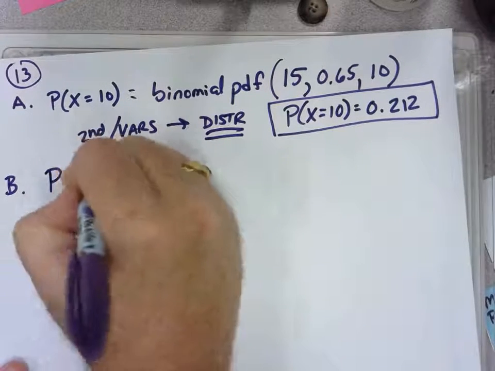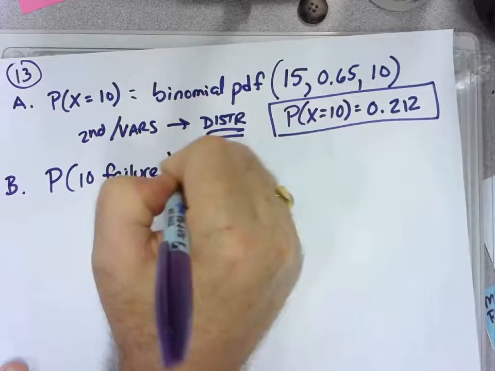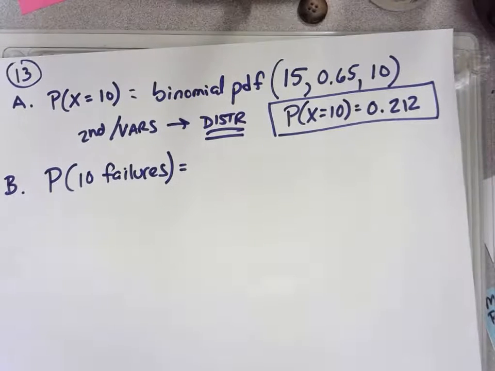That was a typo, and that's what was messing me up. I was trying to figure out how to put 5 in there. I think Samuel pointed that out when we were doing the review, and yes, that is a definite typo. The probability of 10 failures.